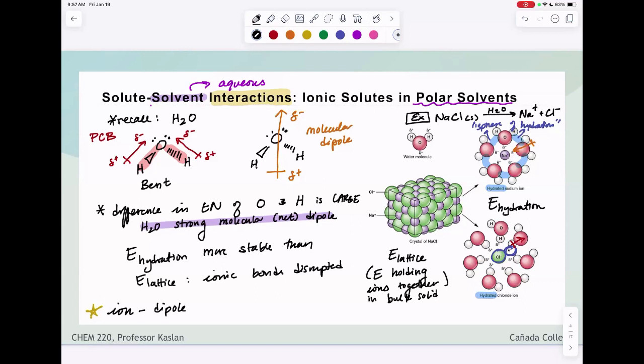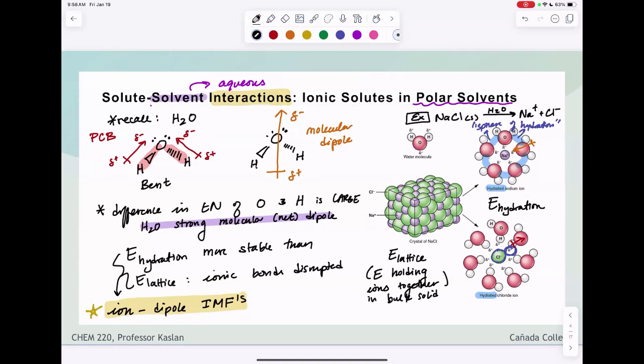And we do have a name for interactions that's a little bit more specific. We call these intermolecular forces, or IMFs. So when talking about what's going on that allows a polar solute to dissolve an ionic compound, it's got to be ion dipole intermolecular forces that allow for this to be true.